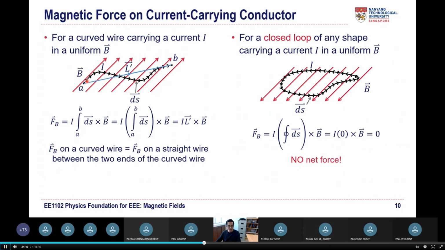And that's because when you do the vector sum, when it's going up, there's going to be a certain component that gets cancelled out down here.